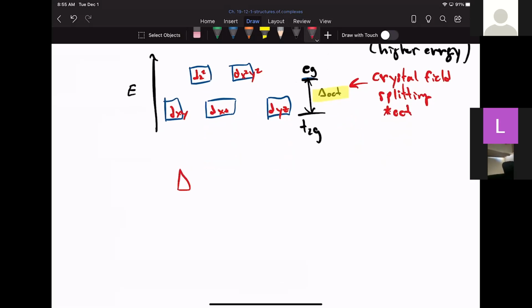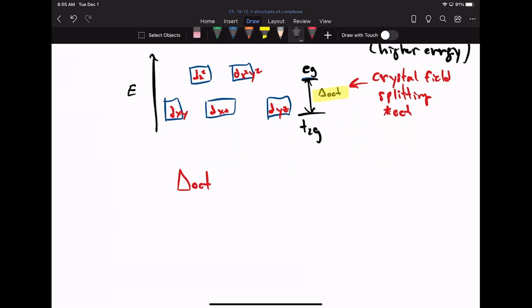So the crystal field splitting depends on the metal charge.